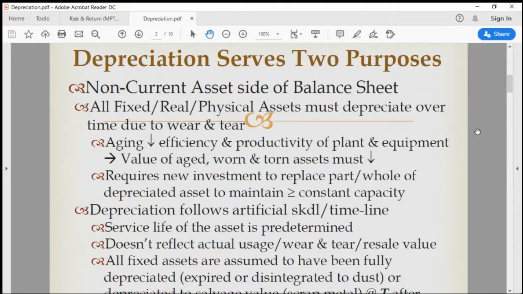So once you have declared as a business, then your car will depreciate. Your car will be declared as a vehicle for business. So your car is a business asset because your car is being used for business. Then your car will now depreciate according to an artificial schedule.